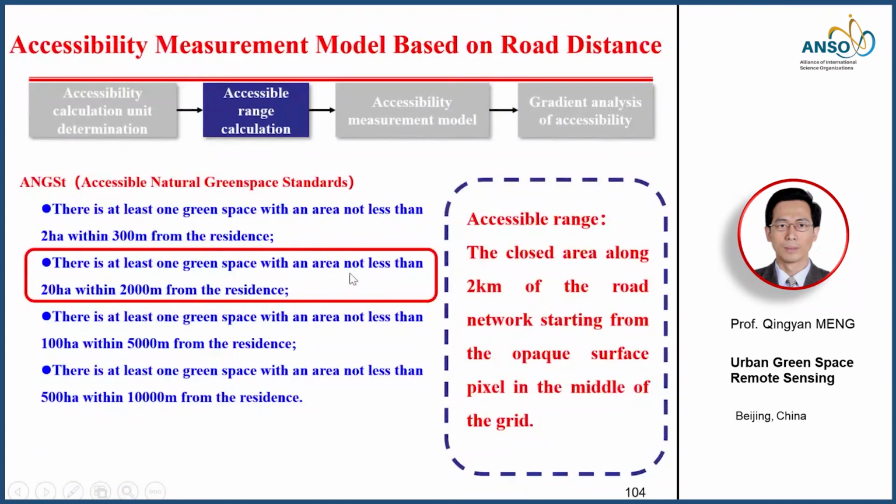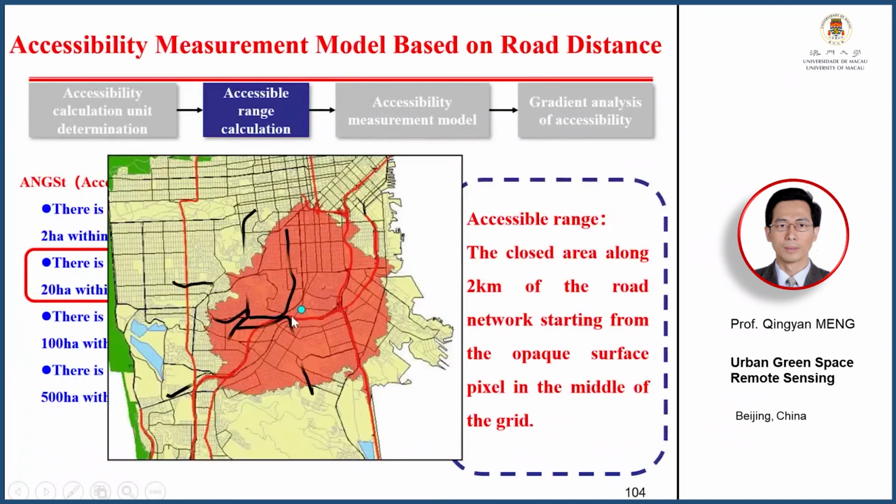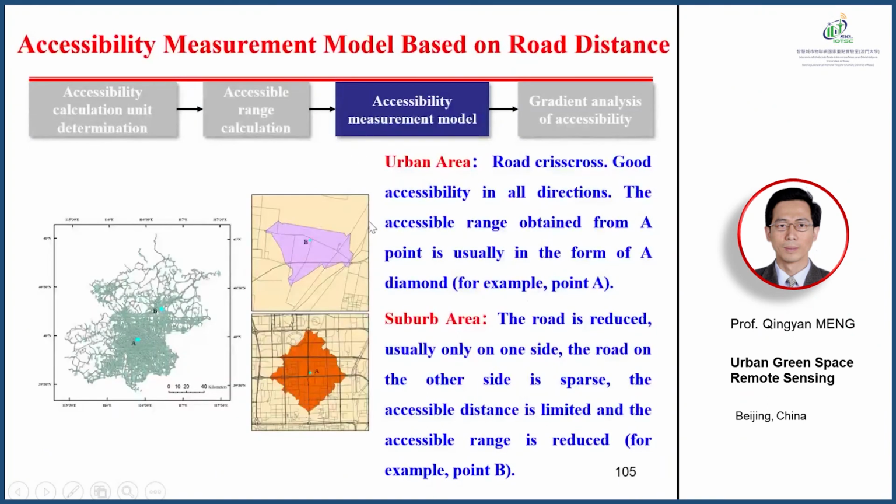And for the accessibility range, we use ArcGIS to choose the area within 2 kilometers of the road network starting from the impervious surface pixel in the middle of the grid. Okay, this is just like it, from the surface center, 2 kilometers. Okay, so like this.